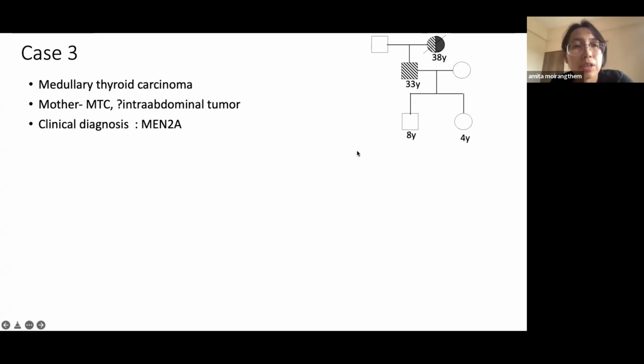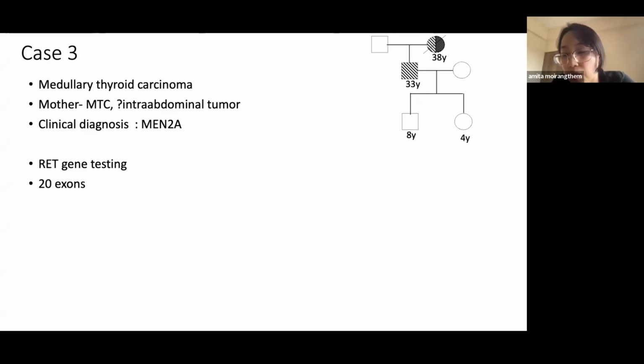So we don't know actually what the tumor is. The physician or the endocrinologist had made a probable diagnosis of MEN2A in this family, and now we have to choose what testing we should do in the family.